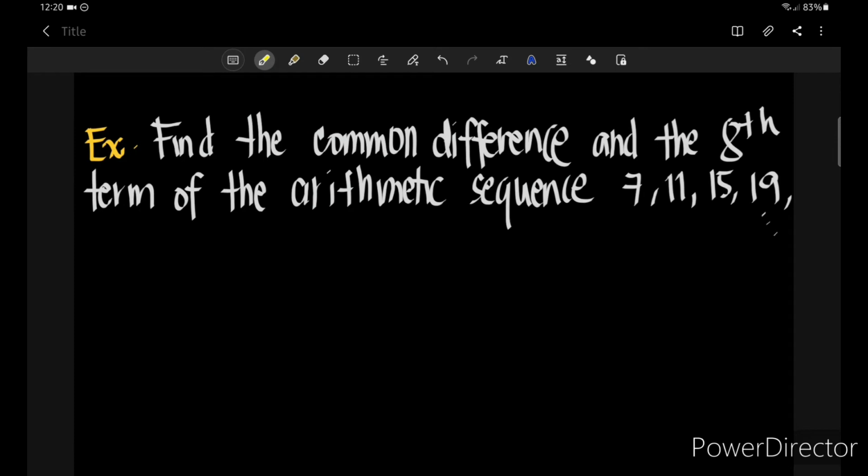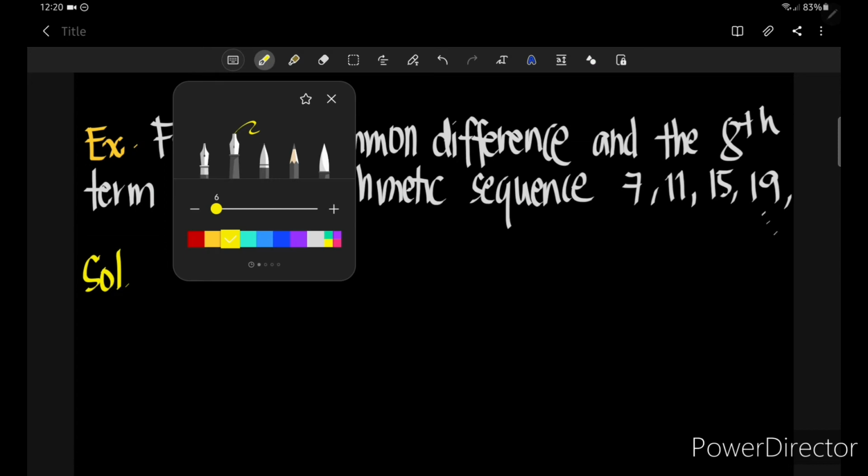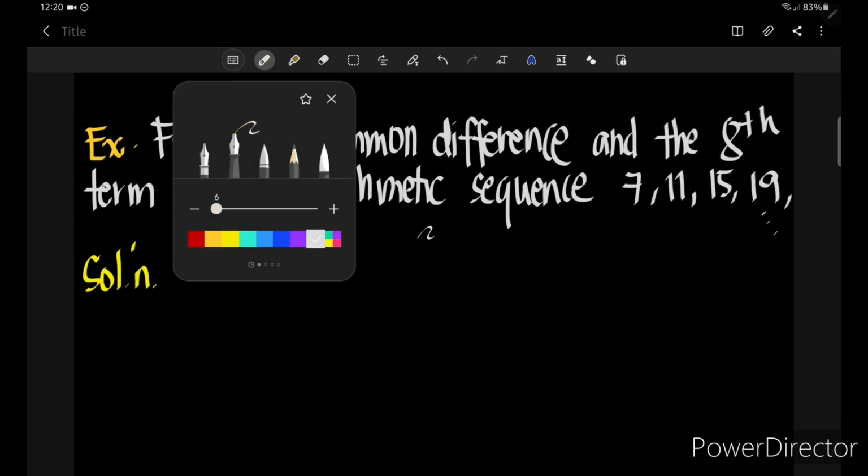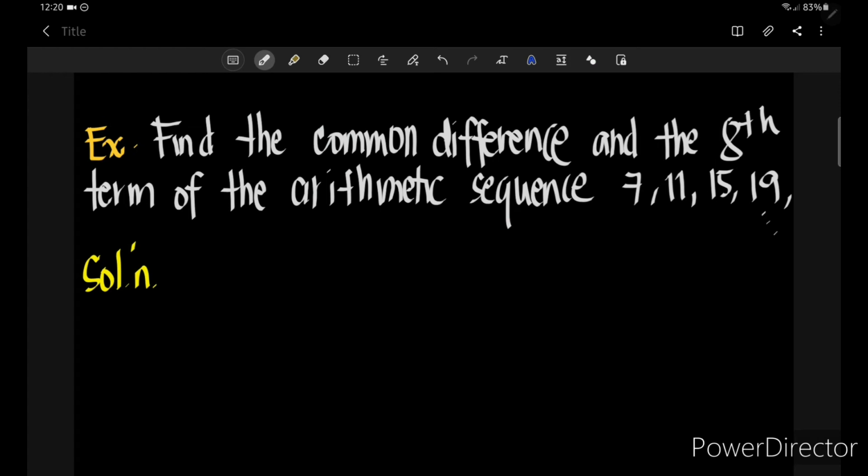Okay guys, let us have our first example. Find the common difference and the 8th term of the arithmetic sequence 7, 11, 15, and 19, and so on. Okay. For the solution, lista muna natin yung mga given and yung unknown, no, para hindi tayo malito.